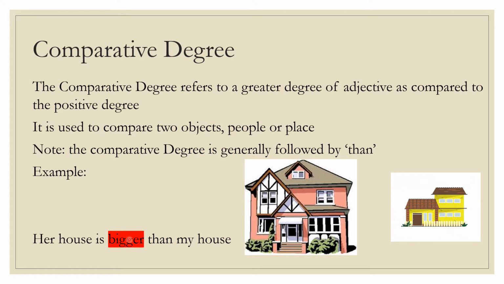So bigger is the adjective in the comparative degree. It compares two objects. So here it is comparing two houses. Bigger than, and the comparative degree bigger is followed by than. So bigger, the highlighted word, is an adjective in the comparative degree.